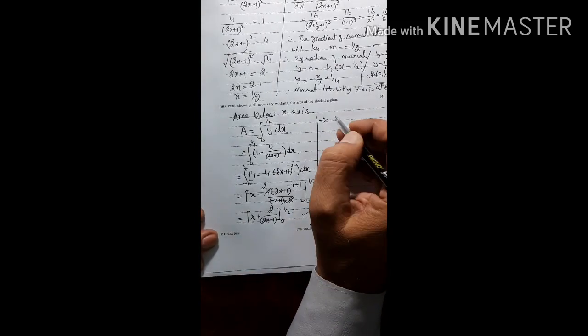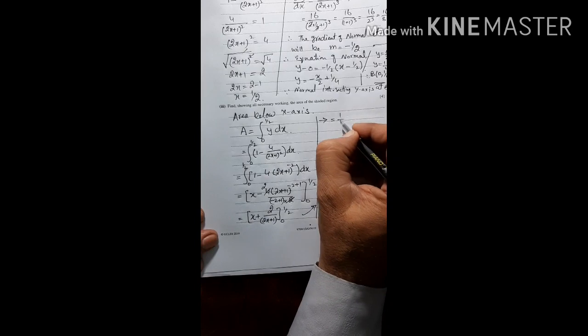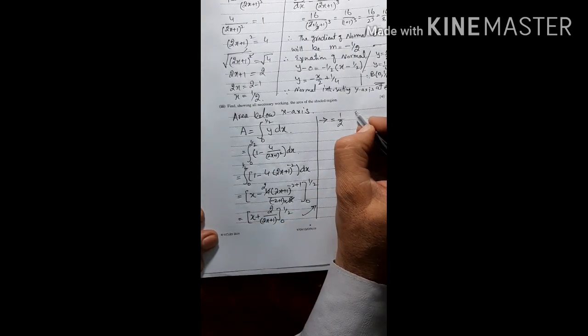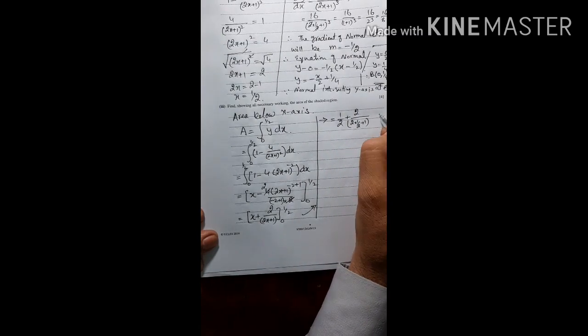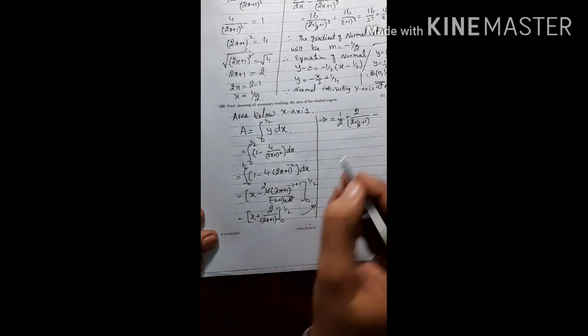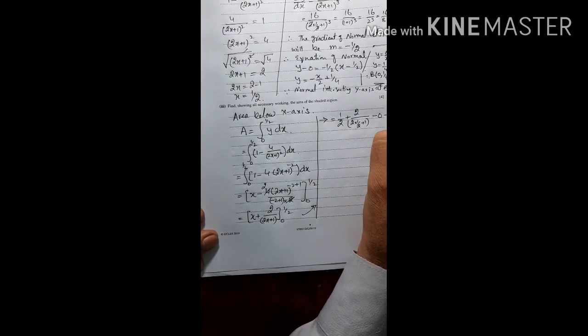First I'll put 1/2: 1/2 plus 2 over 2 multiplied by 1/2 plus 1, minus, then I'll put 0: 0 plus 2 over 2 into 0 plus 1.